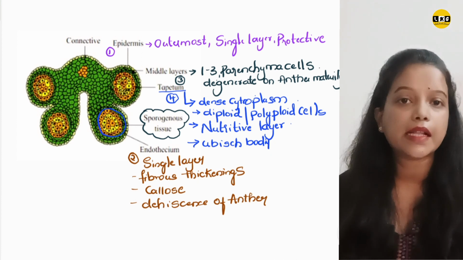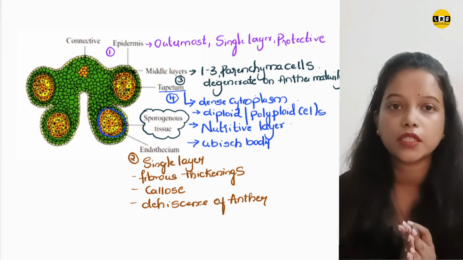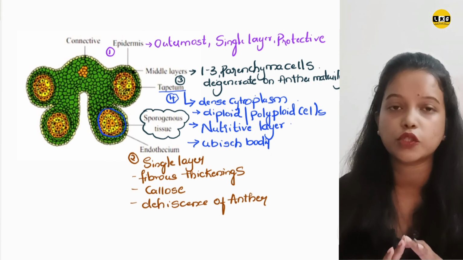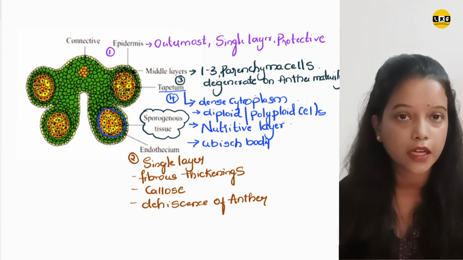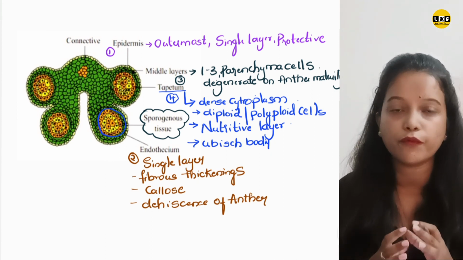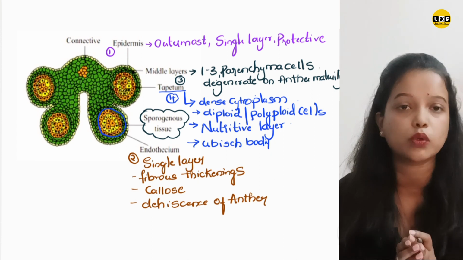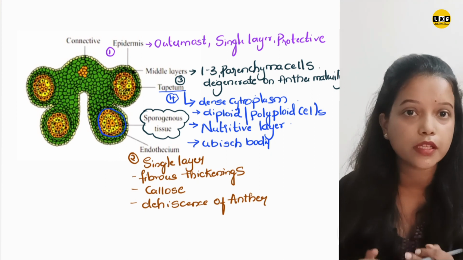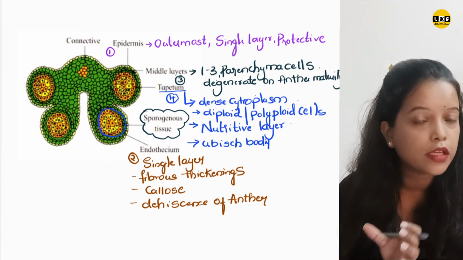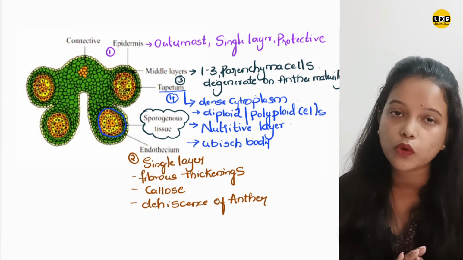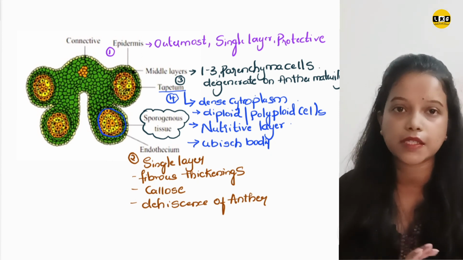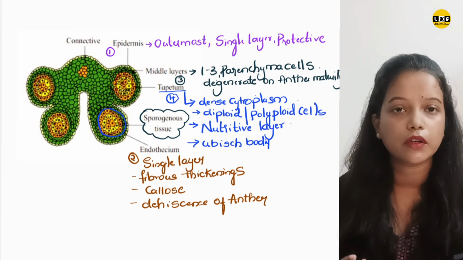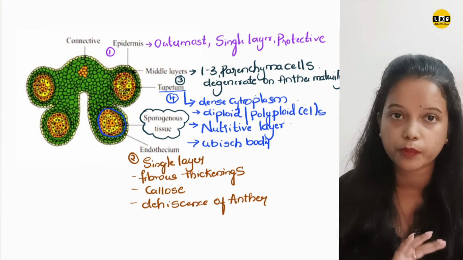Each cell of the sporogenous tissue is a potential pollen, meaning each cell of the sporogenous tissue can give rise to a pollen grain. Hence there is a special name for each cell of this sporogenous tissue. It is known as pollen mother cell, meaning it will give rise to pollen grain. Hence the name pollen mother cell, or it is also known as microspore mother cell. So remember, pollen grain and microspore are the same. Okay, pollen mother cell or microspore mother cell.